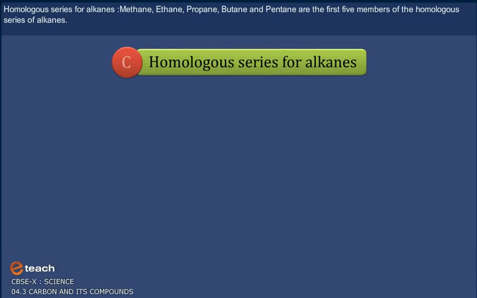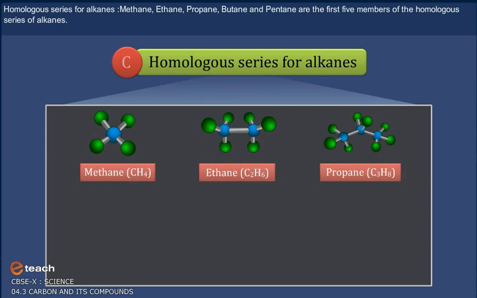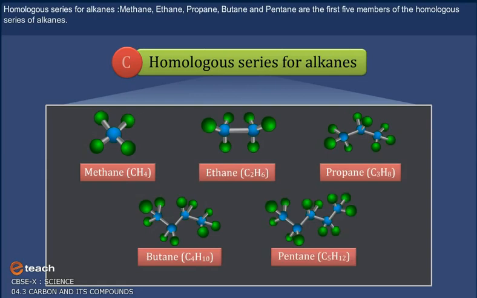Homologous series for alkanes. Methane, CH4, ethane, C2H6, propane, C3H8, butane, C4H10, pentane, C5H12 are the first 5 members of the homologous series of alkanes.